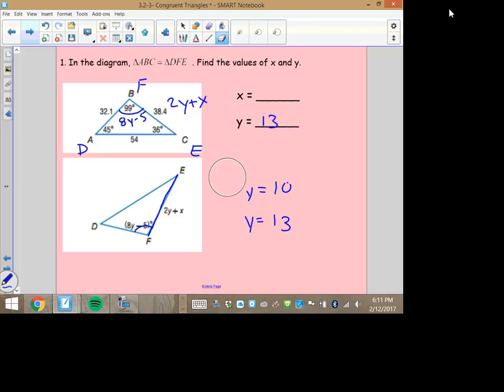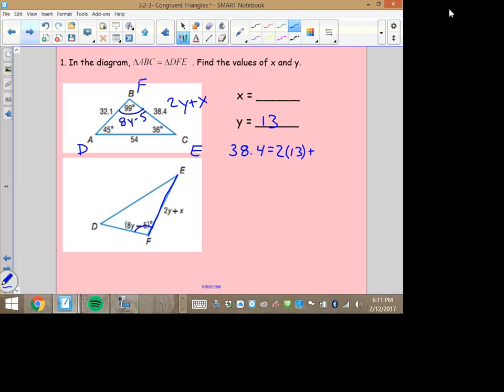Now that we know that y equals 13, we can plug that in and solve for x. So we also know that 38.4 equals 2 times 13 plus x. So we get 38.4 equals 26 plus x. So we're going to get that x equals 12.4.